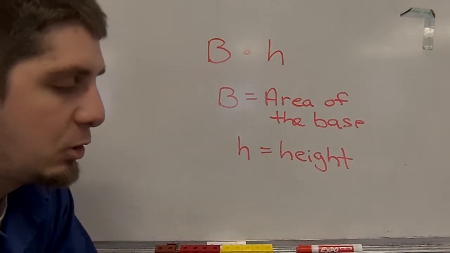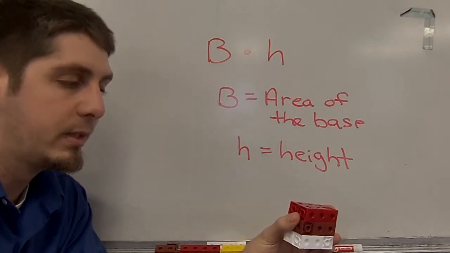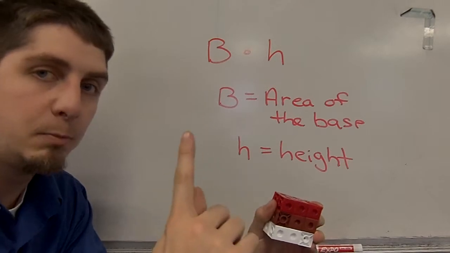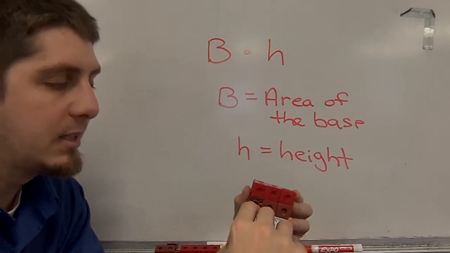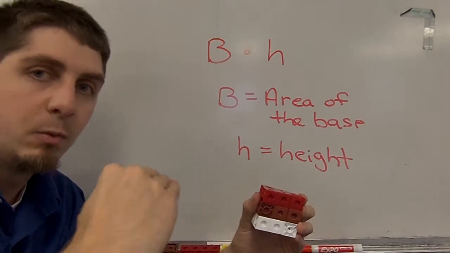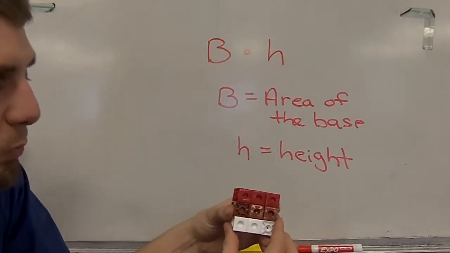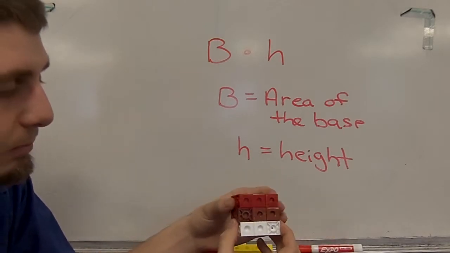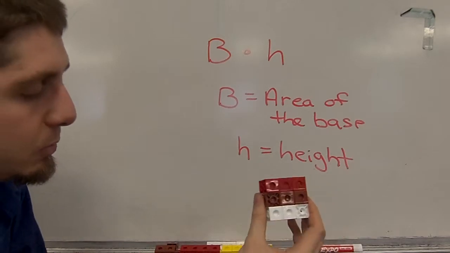Because again, my cubes are supposed to be 1 by 1 by 1. So if my height is 7, and I want my cubes to each be 1 inch or 1 centimeter or 1 mile high, then that means I have 7 1-inch heights, or whatever unit of measurement you want to use.